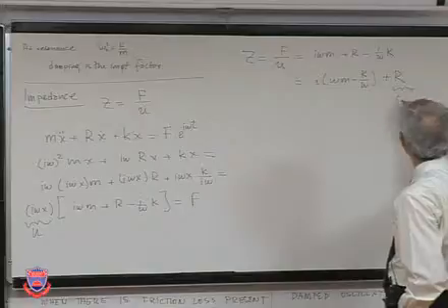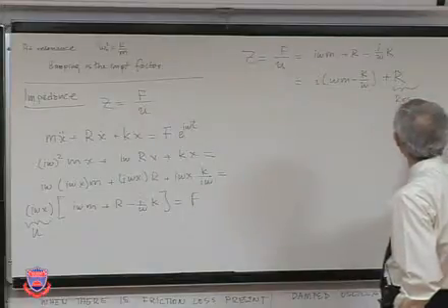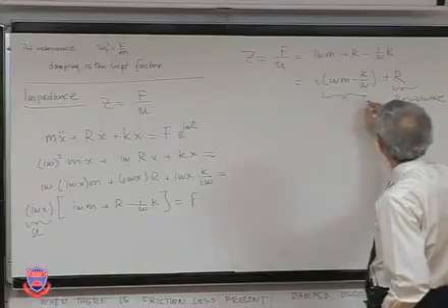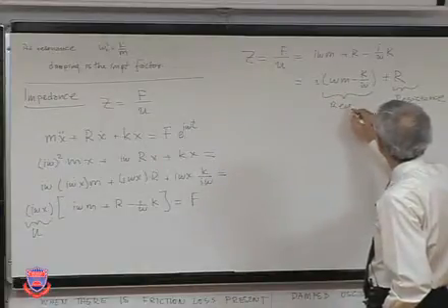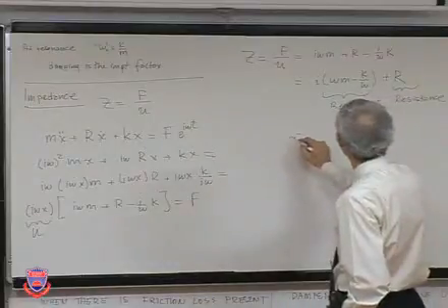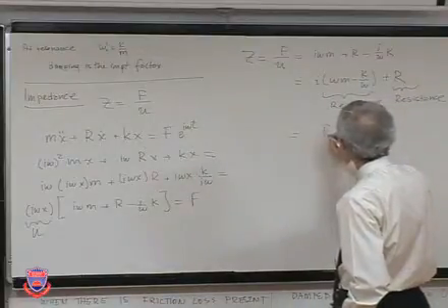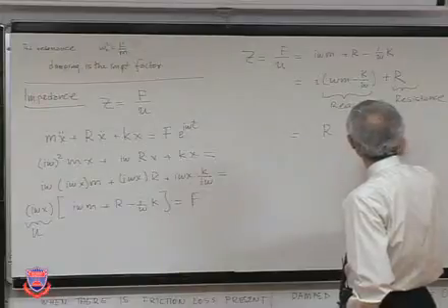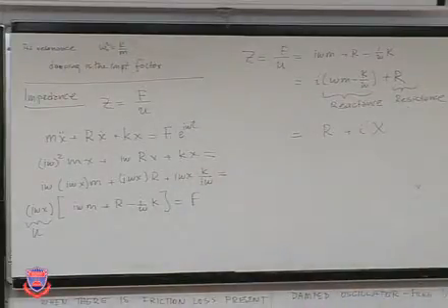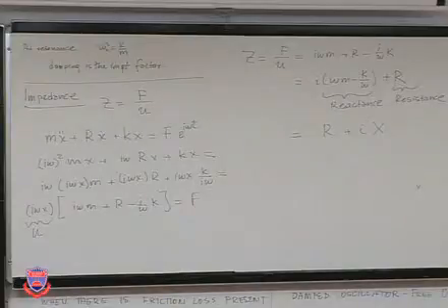This is what we would call the resistance. And this is the portion that's reactance, and we can write it as R plus i X. Okay. This is an impedance expression. That's a complex expression.